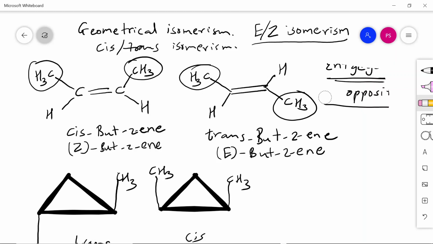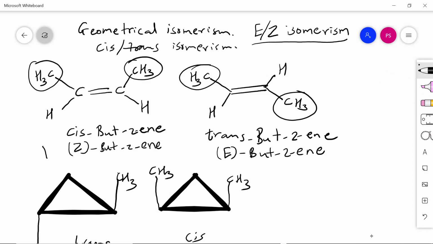So let's see the nomenclature of these two alkenes, that is but-2-ene. One butene is Z-but-2-ene while other is E-but-2-ene. Now how can you assign E and Z configuration? There are some rules. You have to focus on each sp2 carbon atom.